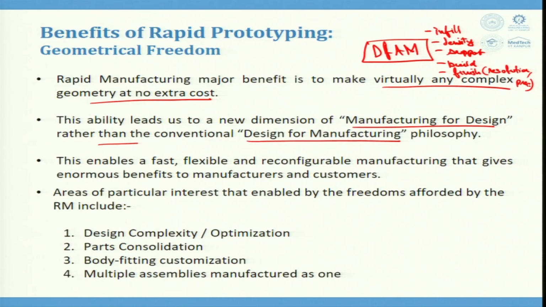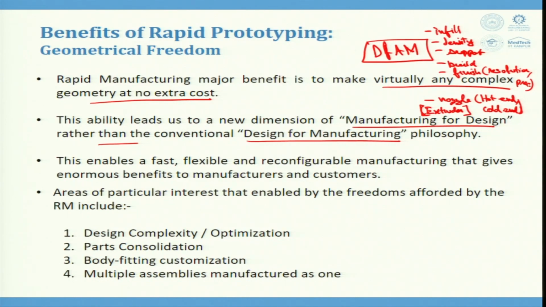Then when we talk about the nozzle, because the nozzle determines the resolution and precision in the case of the FDM process, there is a hot end and a cold end. If I put it as a broader term and call it the extruder, it only has hot and cold end.